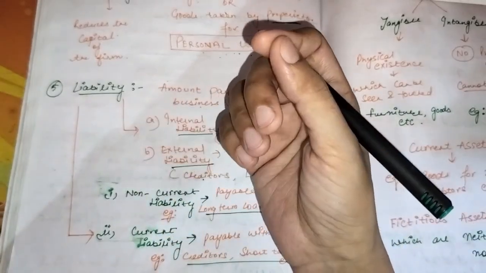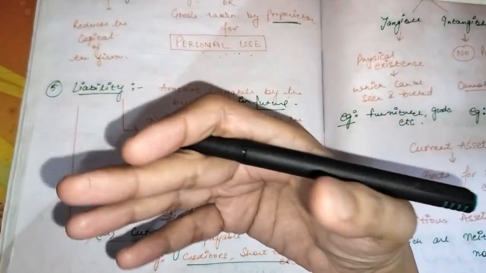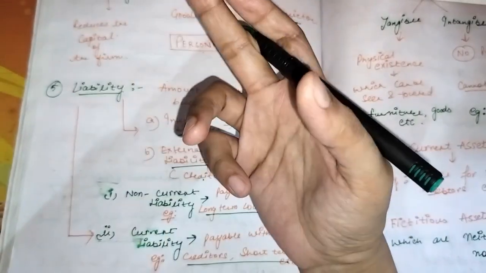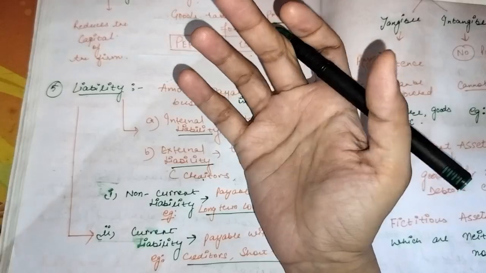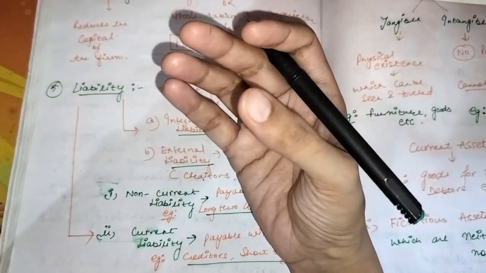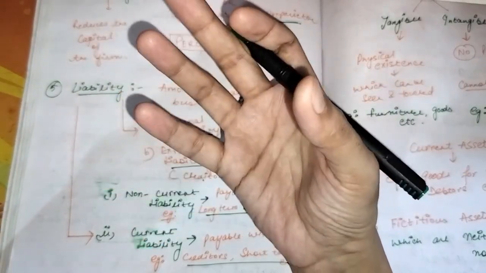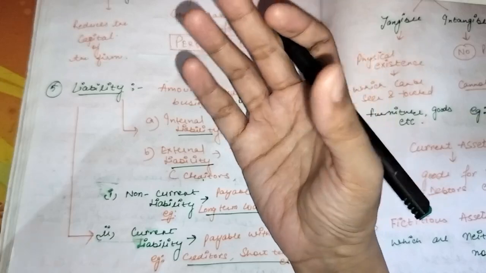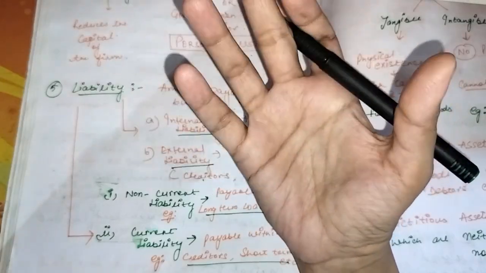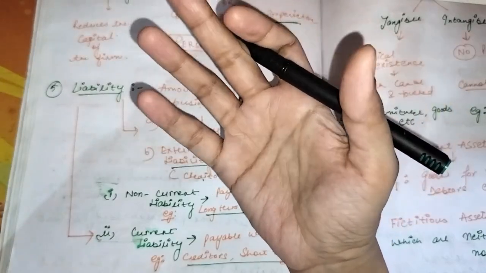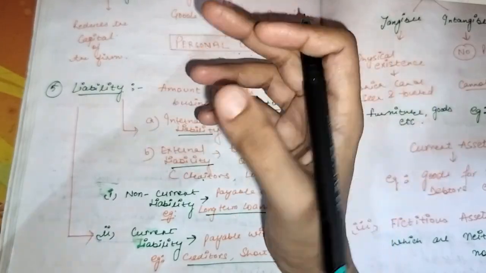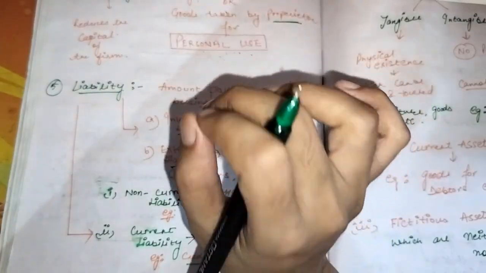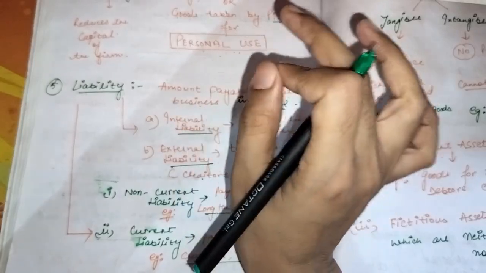On a future date means it is payable after 1 year. For example, you have taken some amount of money from the creditors and it is payable after 2 years. So it is a long-term loan. It is a kind of long-term loan you have taken from another person. So it is non-current liability because it is payable after 2 years.